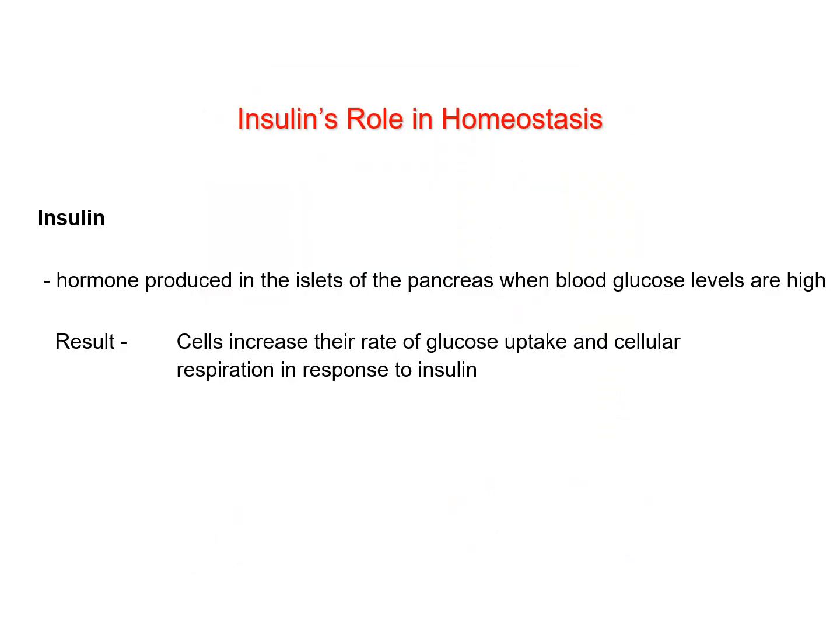Okay. So in terms of other hormones, let's talk a little bit about insulin. Insulin is a hormone produced in a portion of the pancreas. The pancreas is an unusual organ in that it is both endocrine, in other words, forms hormones to be secreted into the bloodstream, and also exocrine, because there's other tissues in the pancreas, exocrine tissue.